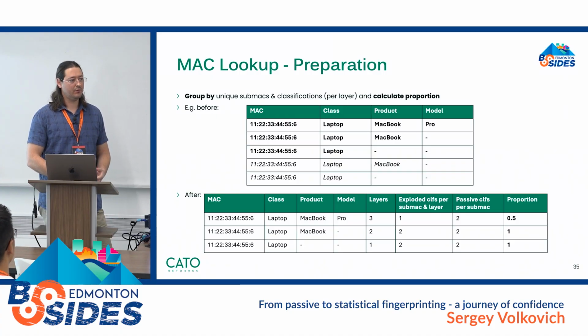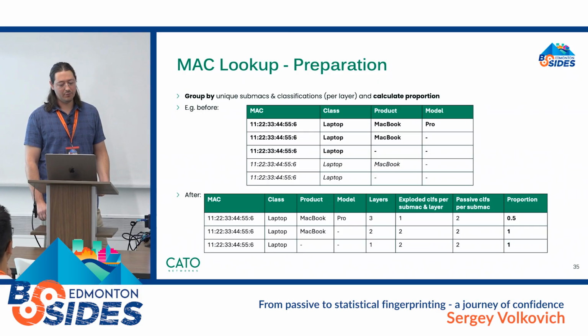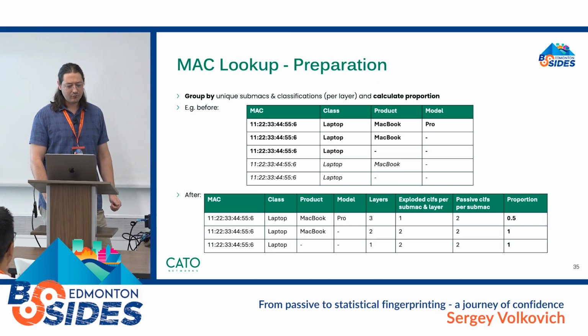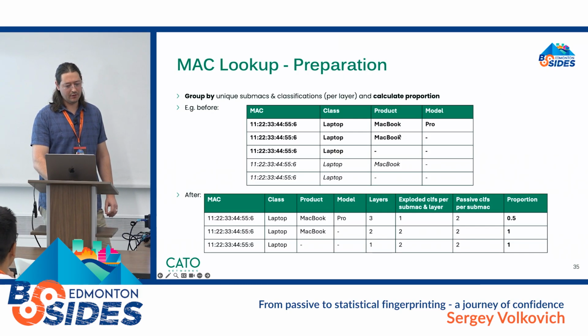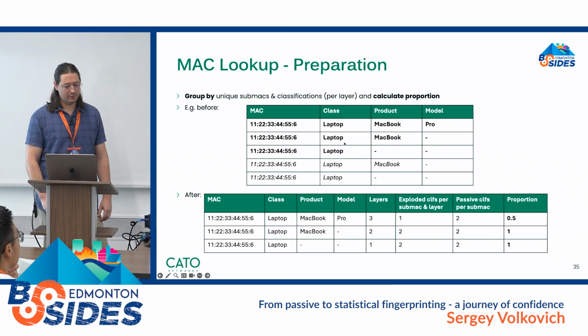And we can perform some aggregation. In this case, the goal of this is to be able to calculate the proportion of devices. So let me go on this carefully. We can see that there are 3 unique classifications per layer: laptop MacBook Pro, laptop MacBook, which will create the second row, and laptop only.